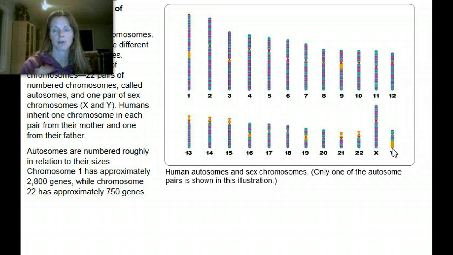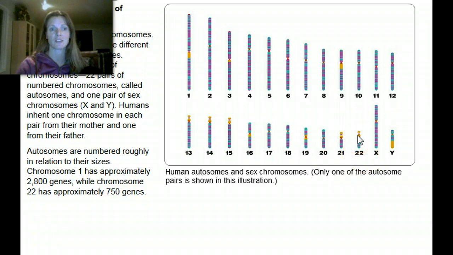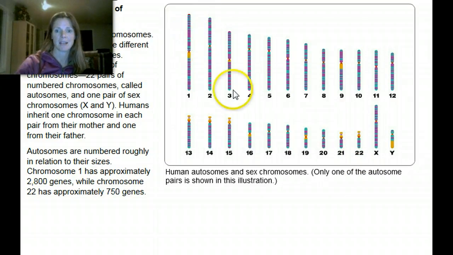Starting with chromosome number 1, you have the largest chromosome, which has so many genes on it. I think it says 2,800 genes on this first chromosome. And as you get to the smaller chromosomes, there are going to be fewer genes. These are what our chromosomes look like, housing all of that DNA and those genes.